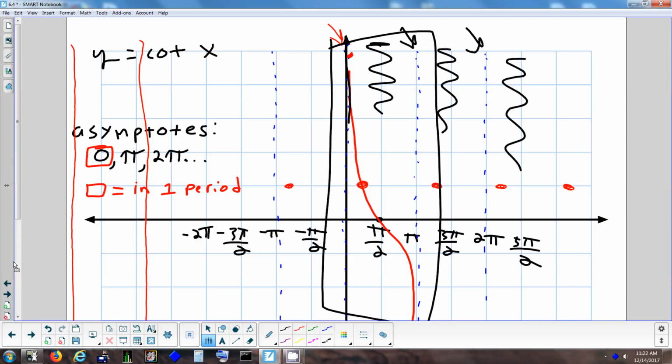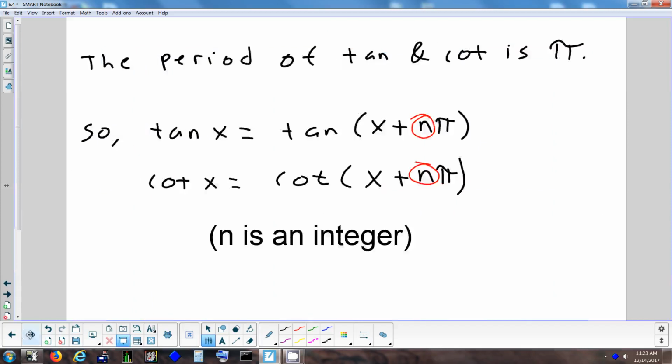The second blue line is part of the second section. Don't say that there's 2 blue lines in the first section. There isn't. There's only one. One per section. Any question on that? The blue line can't be in both. It has to be in one or the other. So there's one asymptote per section.